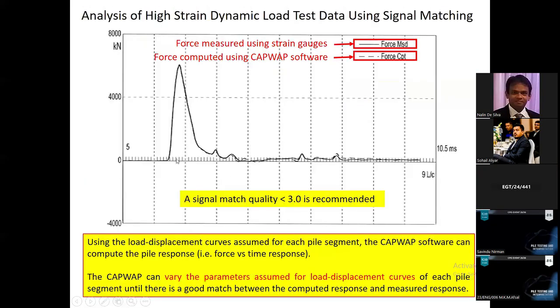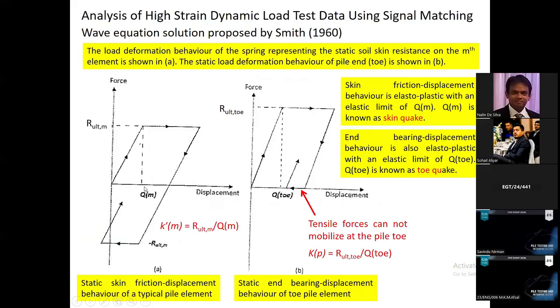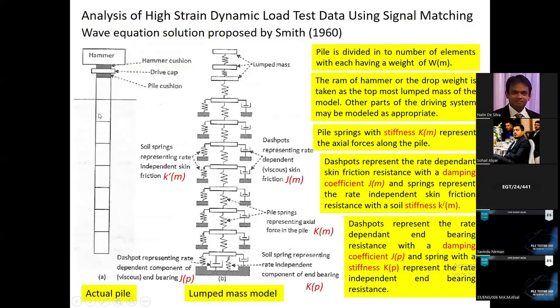Then the software will start changing all these parameters, Qm, R ultimate, for all the segments. The software keeps on changing the parameters until there is a perfect match between the measured response and the calculated response.